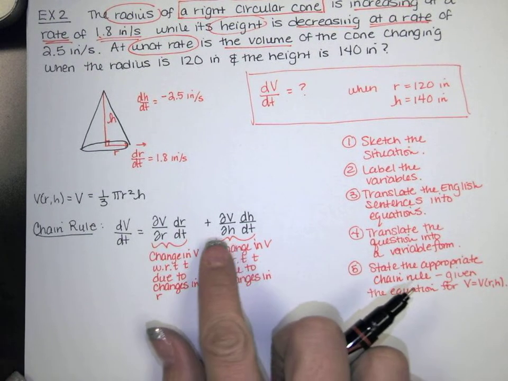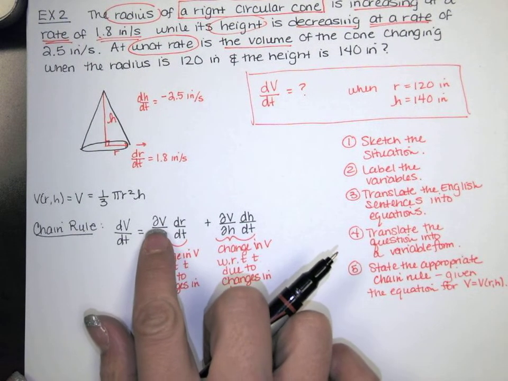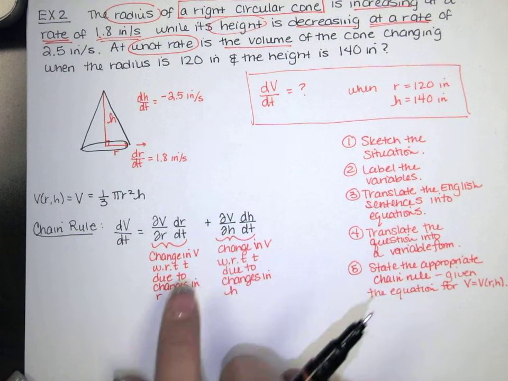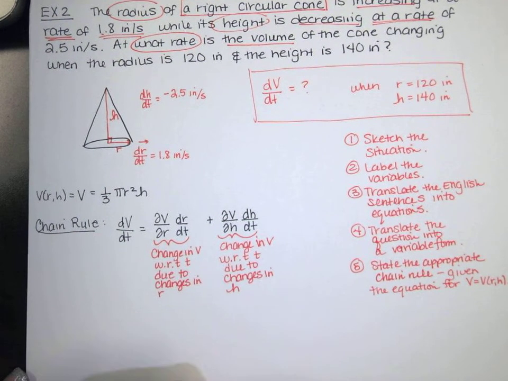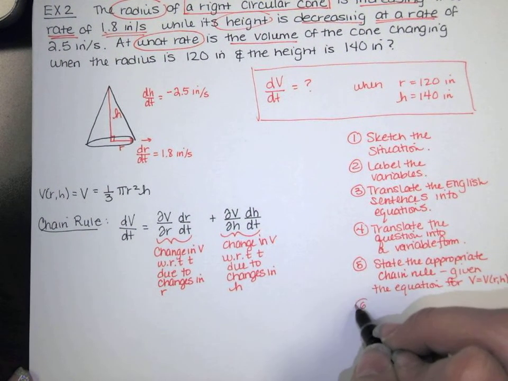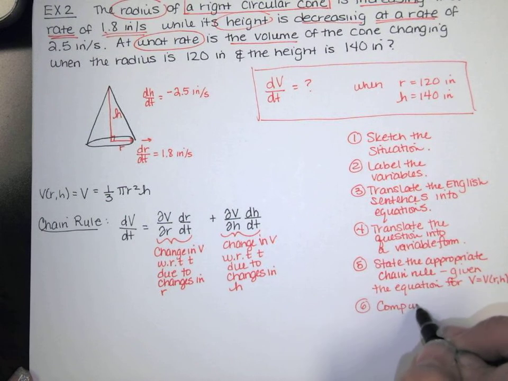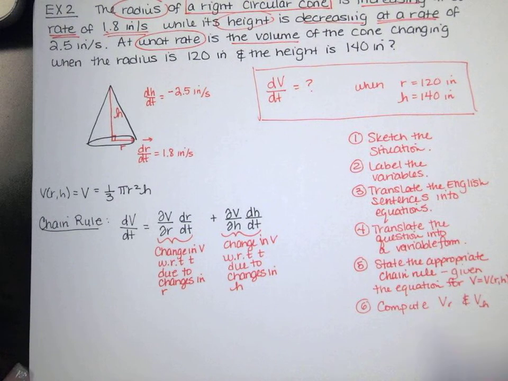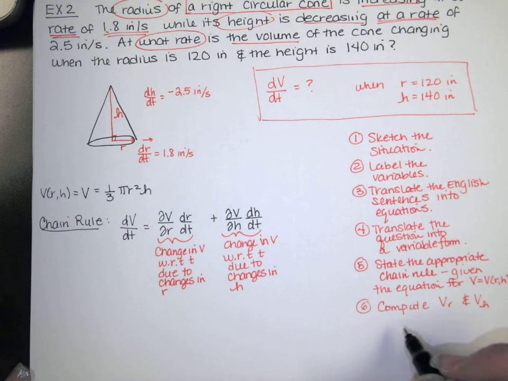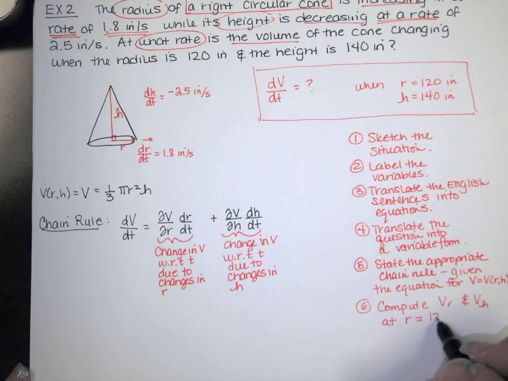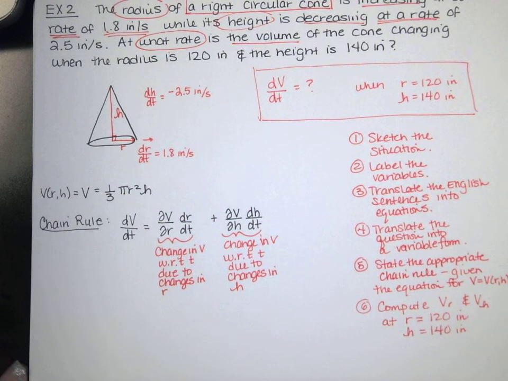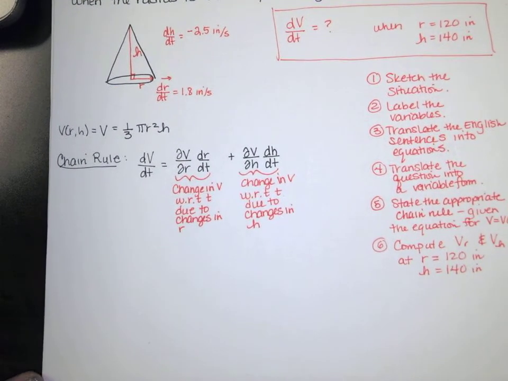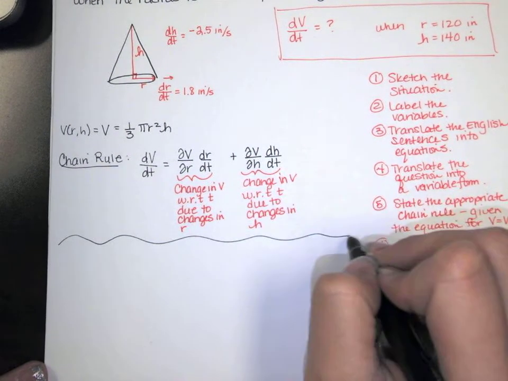So I need these two partials, partials of v with respect to the radius and height, and then we're just going to substitute into our formula. And I'll use subscript notation. So I want those two partials when r equals 120 and h equals 140. And those are both in inches. Okay, so that's where we're at.